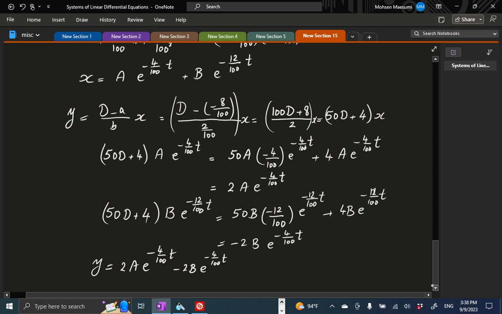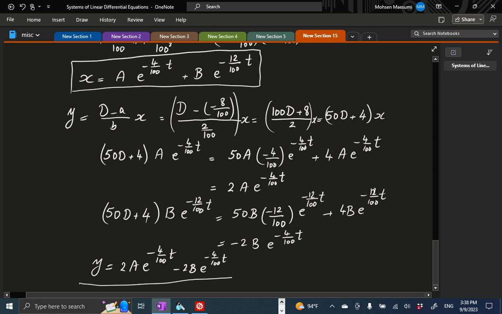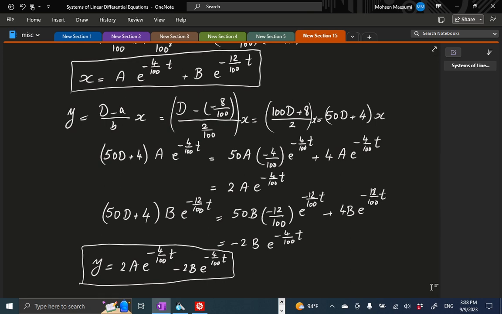So that took a while, but we have x, and then we have y. These are the solutions for that system. There are two constants in this problem. Where do the constants come from?